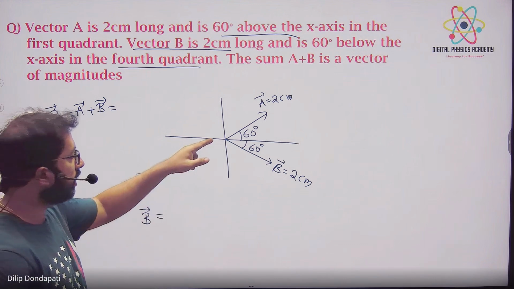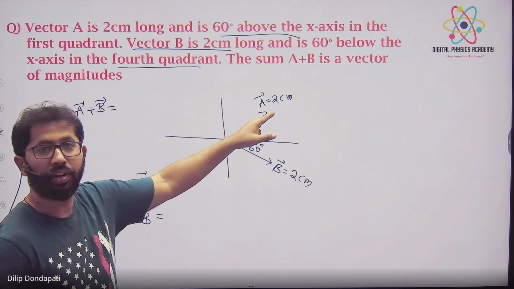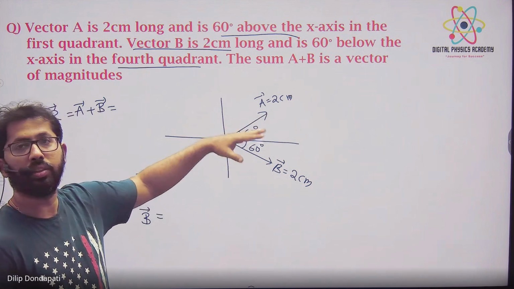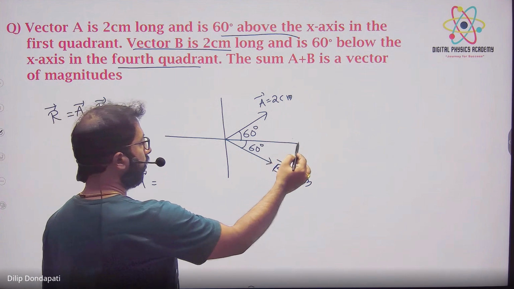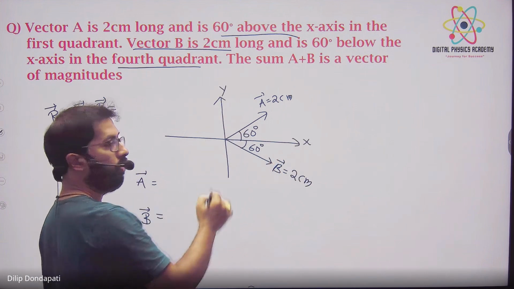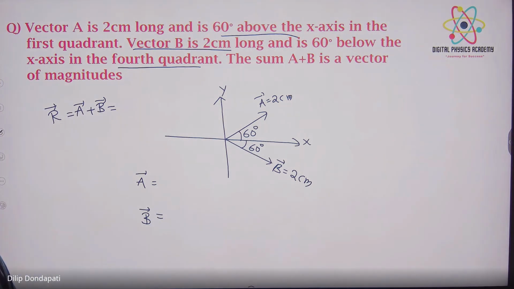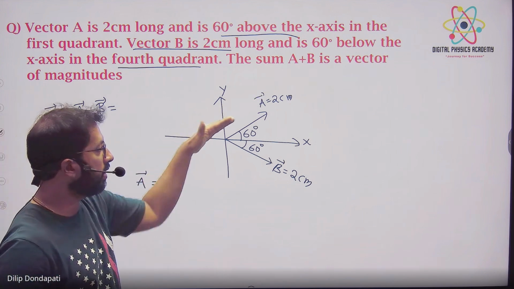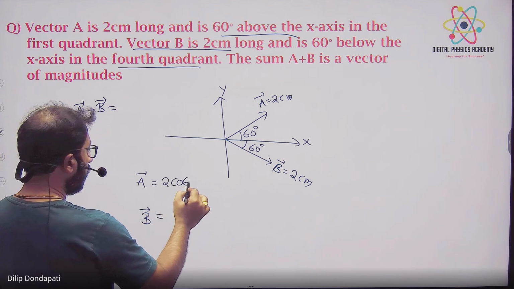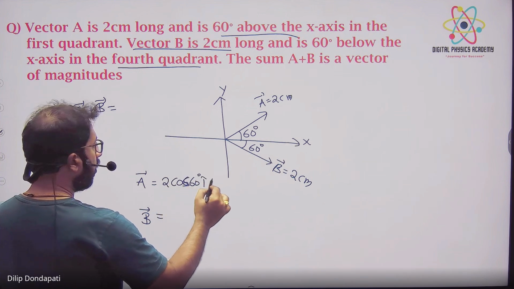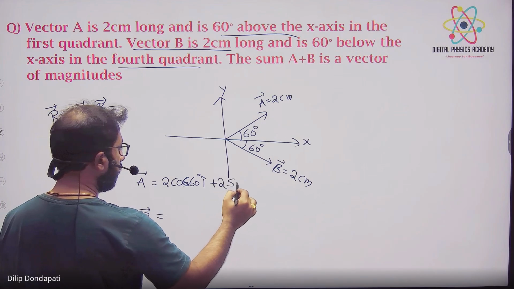How to get? See, this vector is not in the x direction, not in the y direction. आपको resolve components in terms of x and y and put i cap, j cap. So x will be 2 cos 60 i cap, and the perpendicular component is 2 sin 60 j cap.